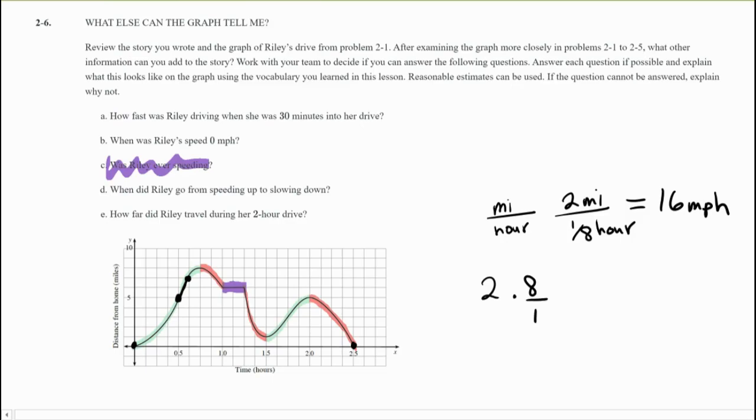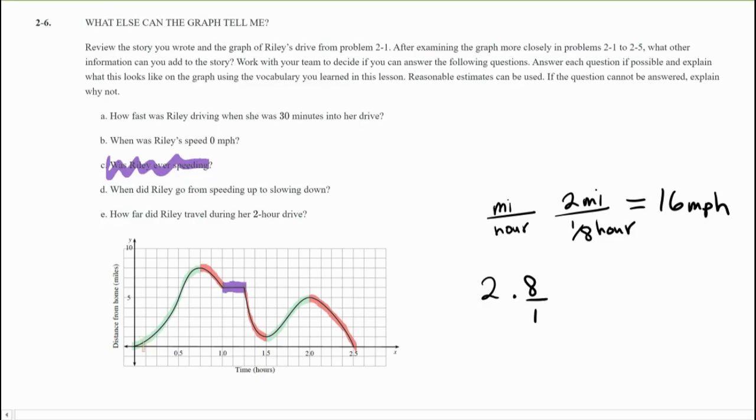When did Riley go from speeding up to slowing down? Okay, so this is kind of a tough one, actually. You might think increasing to decreasing, but no. Speeding up is actually we're getting faster and faster. Actually, let's go a different color here.